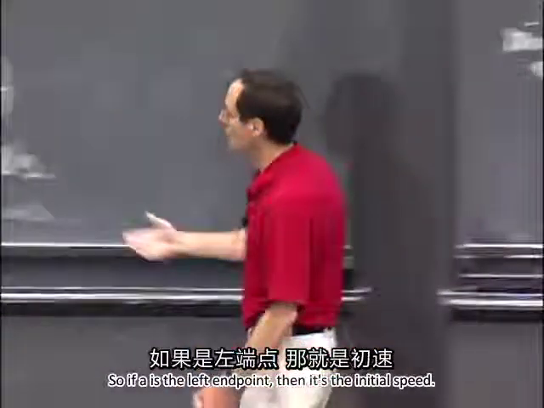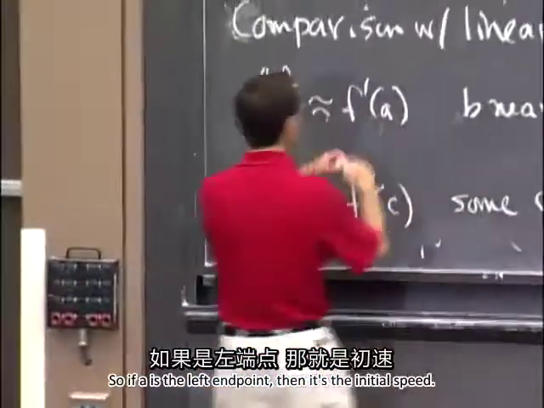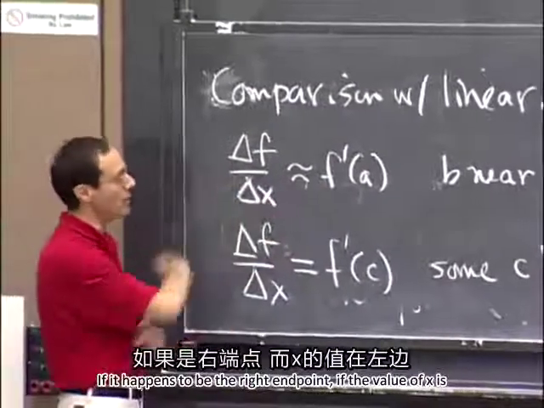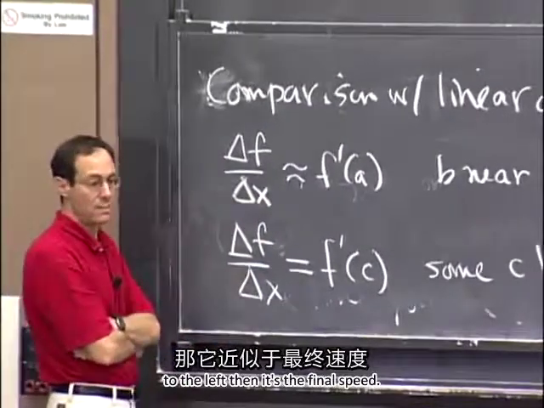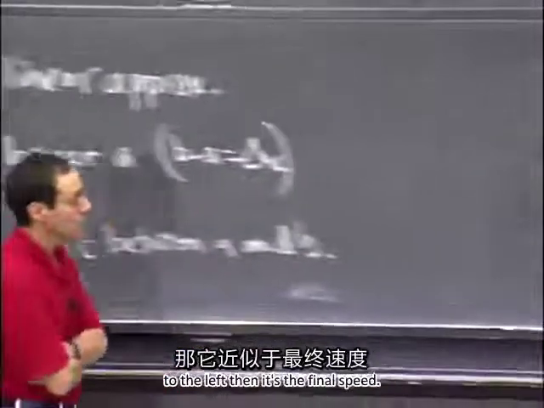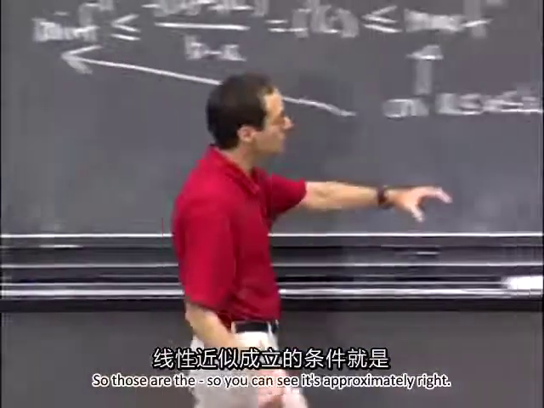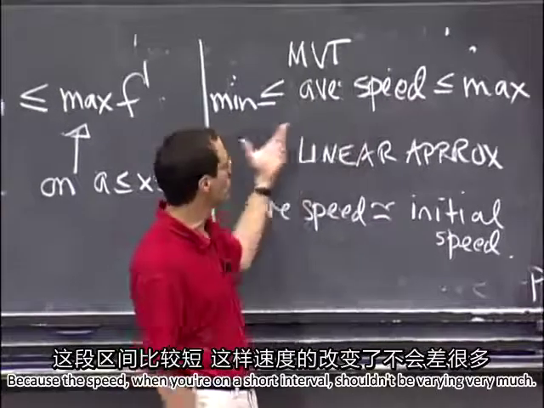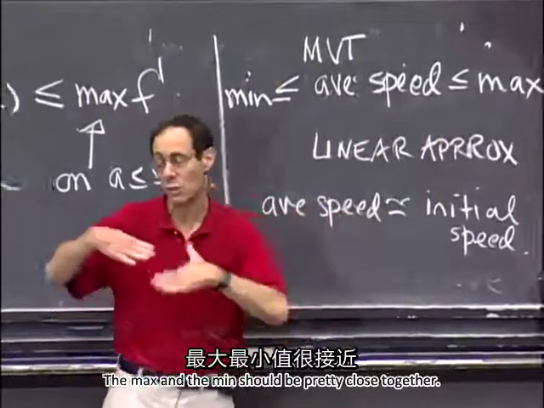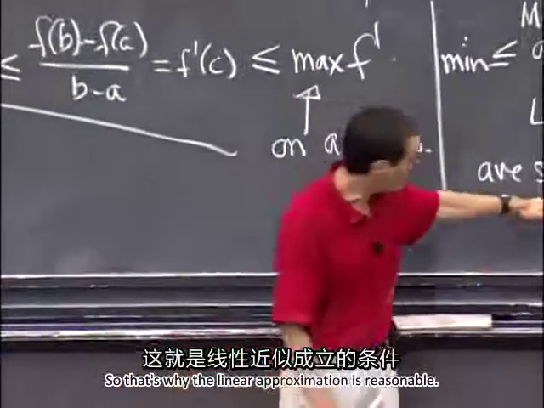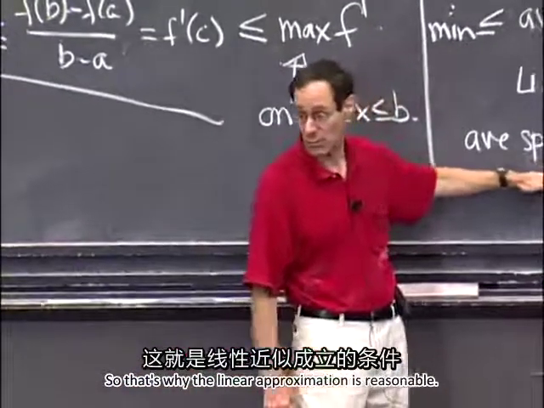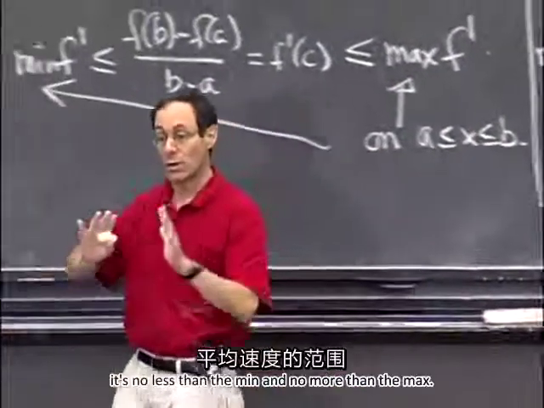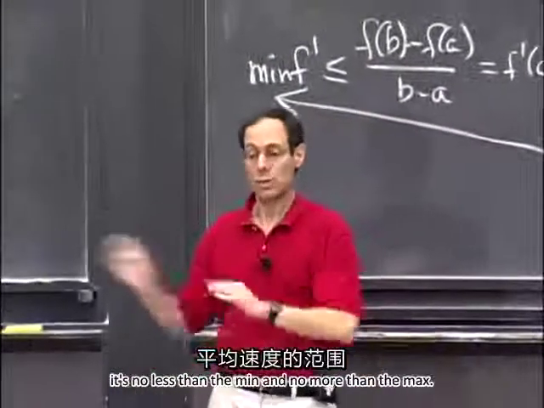So if a is the left endpoint, then it's the initial speed. If it happens to be the right endpoint, if the value of x is to the left, then it's the final speed. So you can see it's approximately right, because the speed, when you're on a short interval, shouldn't be varying very much. The max and the min should be pretty close together. So that's why the linear approximation is reasonable. And this is telling you absolutely it's no less than the min and no more than the max.